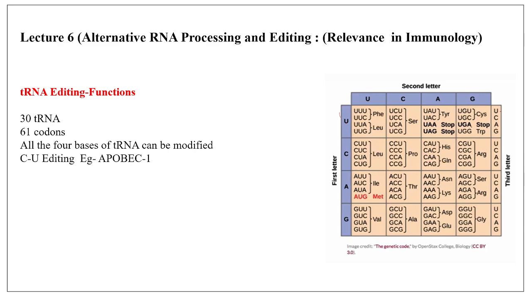First and second are the same, third is changing. Let us take any one of these. Then UCAG, UCAG. So just take 2 minutes to read this so that you can understand how the genetic code is read.